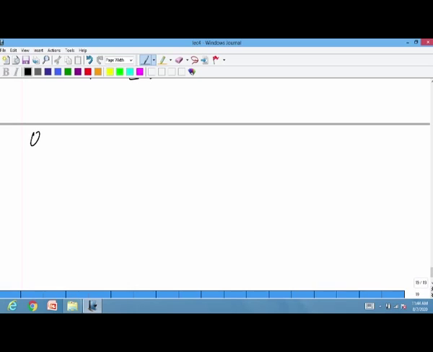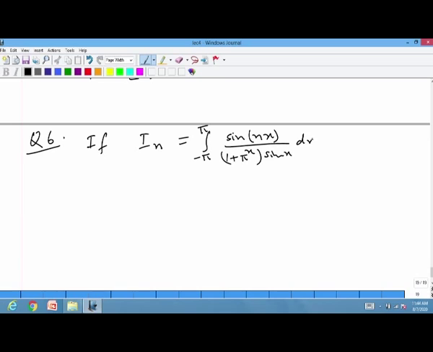Let us do question number 6. If I sub n denotes this definite integral from minus pi to pi of sin(nx) divided by (1 plus pi to the power x) times sin x dx, for n equal to 0, 1, 2 and so on. For every non-negative integer, we have defined I n to be this integral.